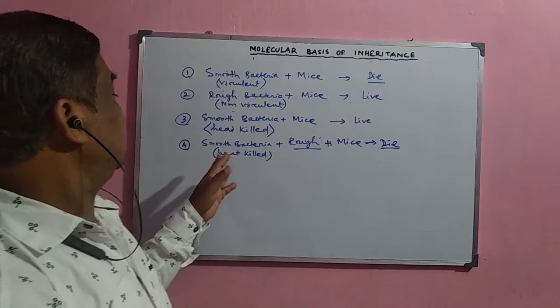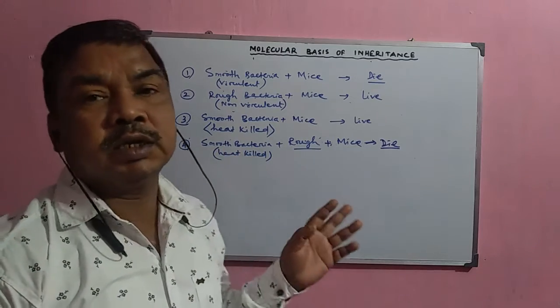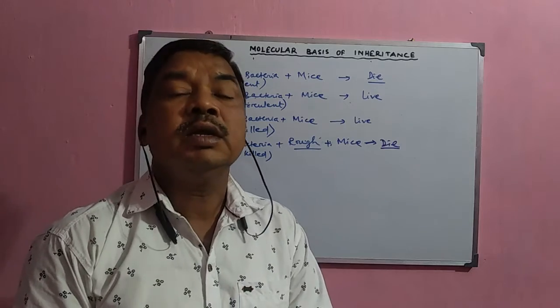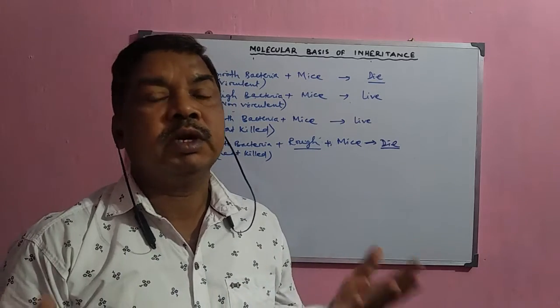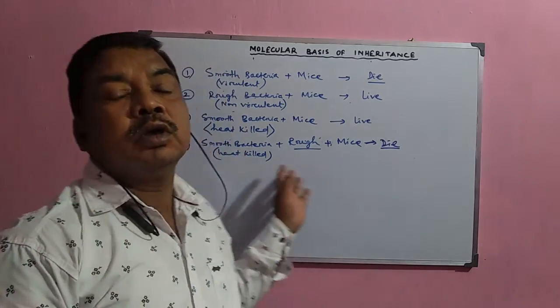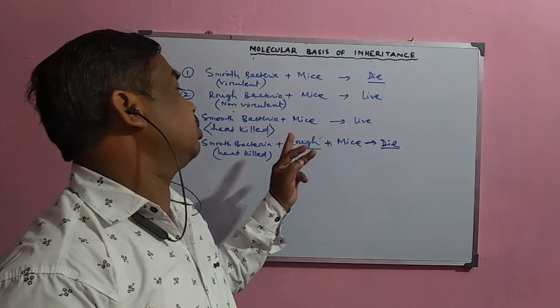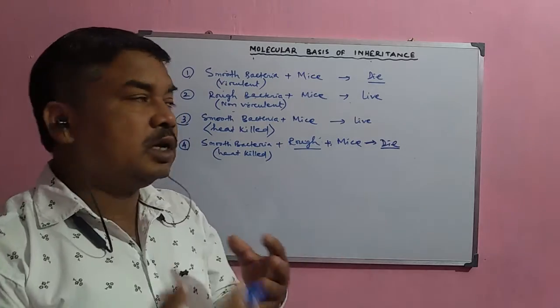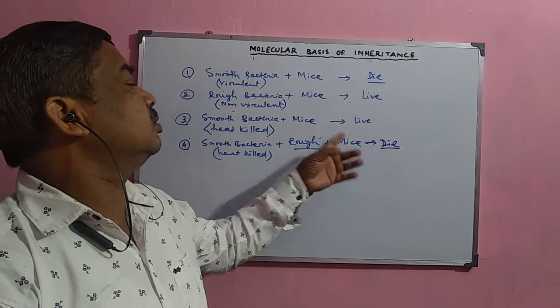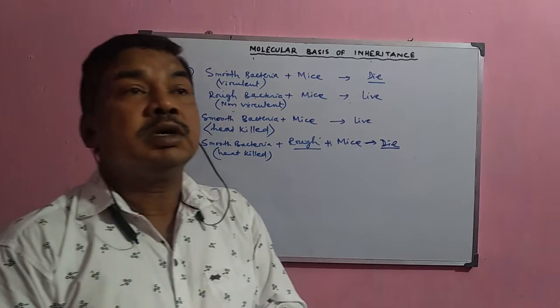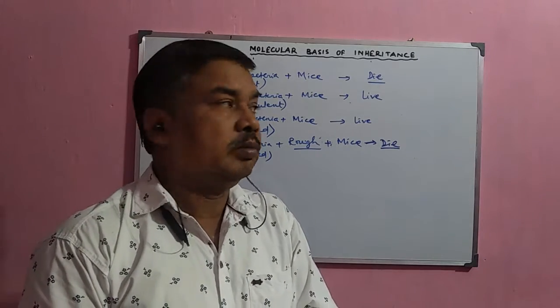When he inoculated the smooth bacteria independently and the raw bacteria independently, both survive. But when the heat-killed smooth variety and raw variety are combined together and inoculated into the mice, the mice die.